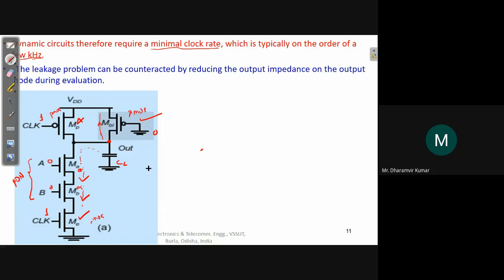So this can be one solution, right? And this particular PMOS is called a bleeder transistor because it is always bleeding, always conducting. It is connected to eliminate this charge leakage problem in dynamic circuits.